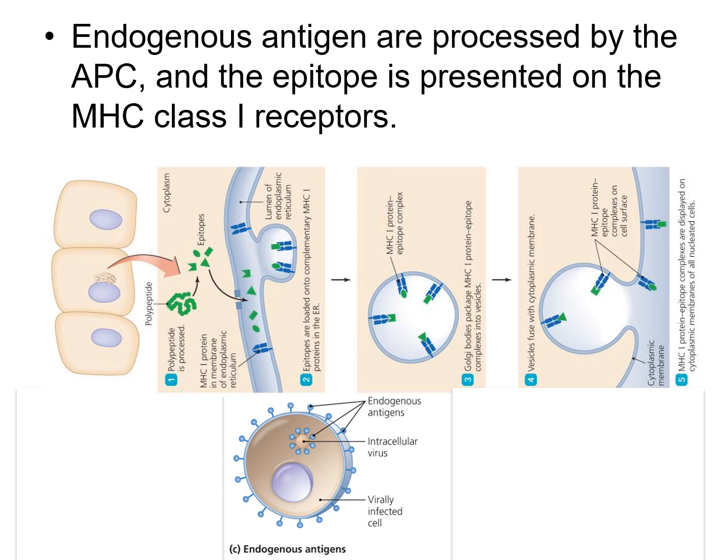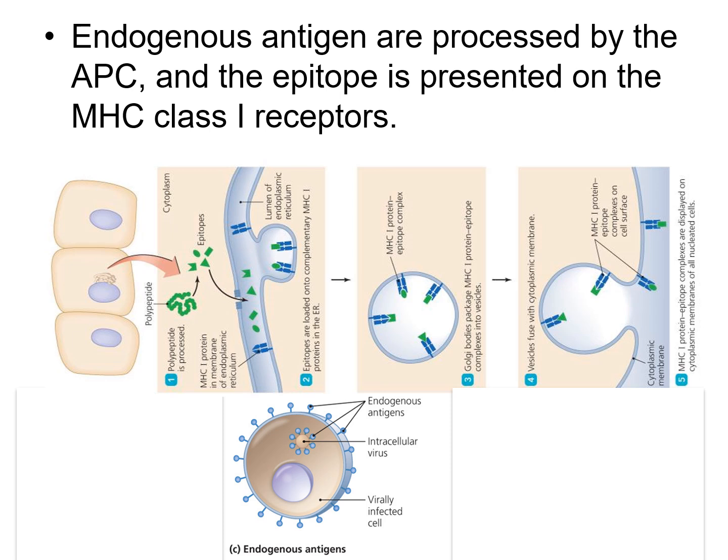Endogenous antigens are processed by antigen presenting cells, and the epitope is presented on the MHC class 1 receptor. Look at the picture. I know it's sideways, but you still should be able to understand it. This is when an endogenous antigen is detected within the cell.